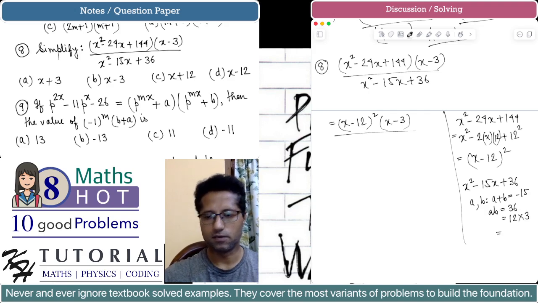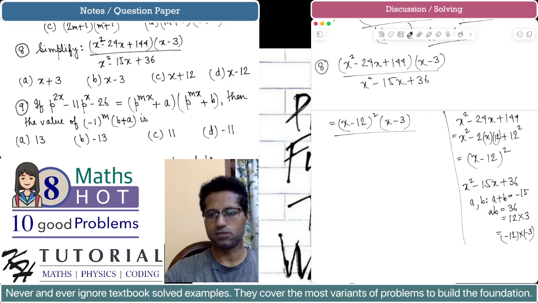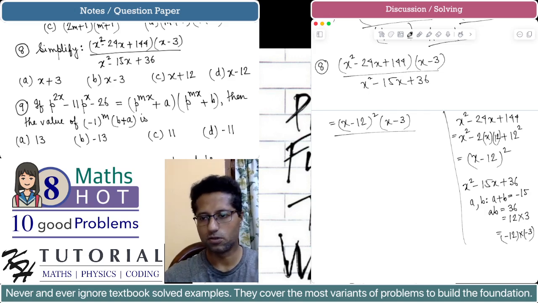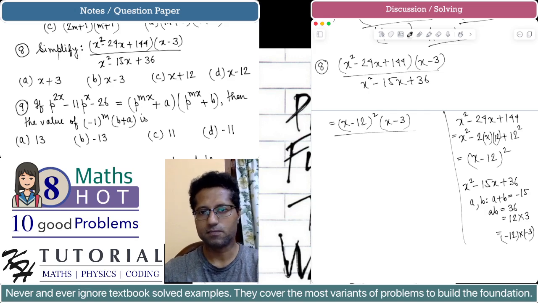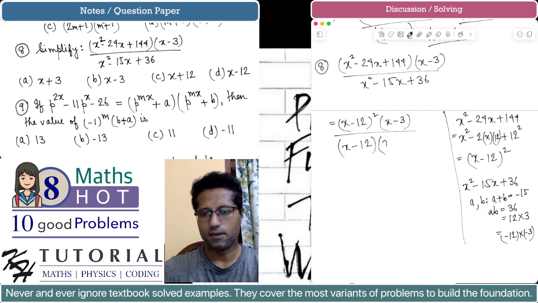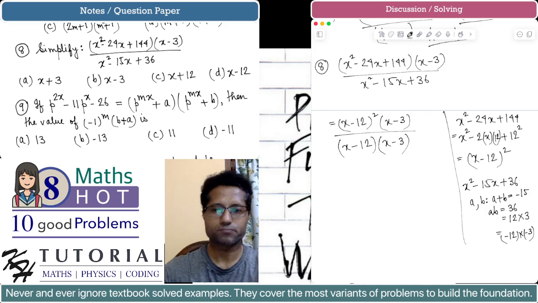So we can write 36 as minus 12 into minus 3. Now we can see that minus 12 into minus 3 is 36, and also minus 12 plus minus 3 is minus 15. So x square minus 15x plus 36 can be factorized as x minus 12 multiplied by x minus 3.